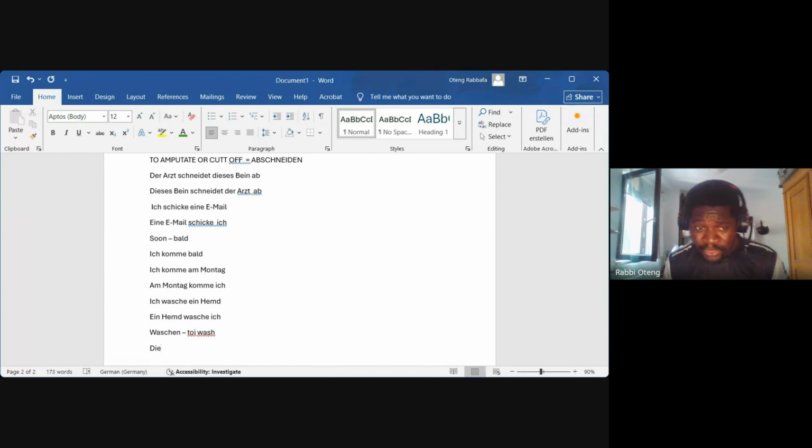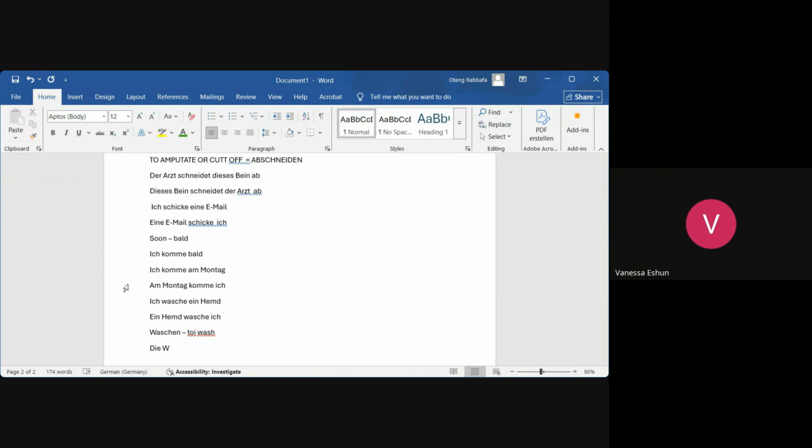What is an irregular verb here? It's irregular. So the normal form now is to wash, for laundry.